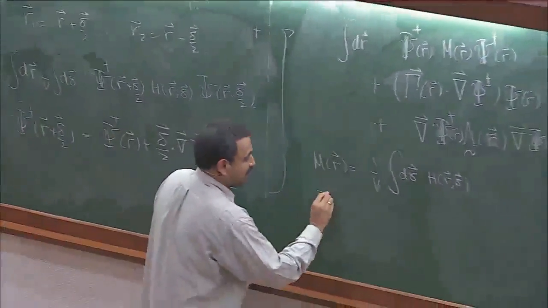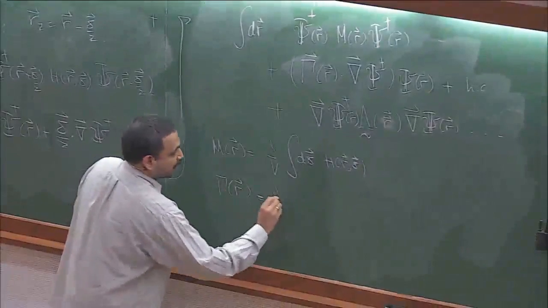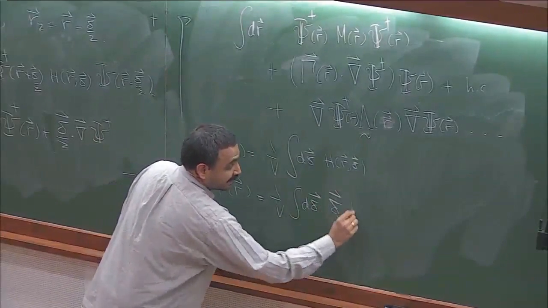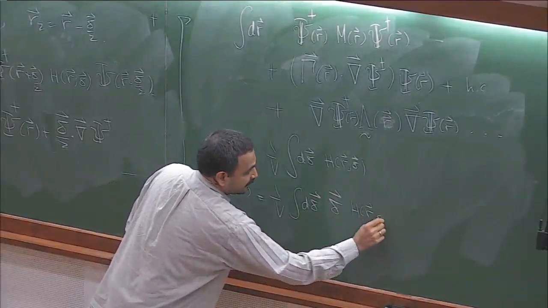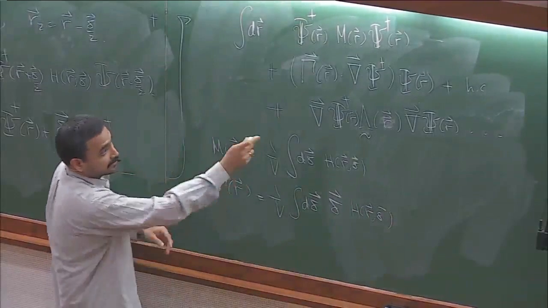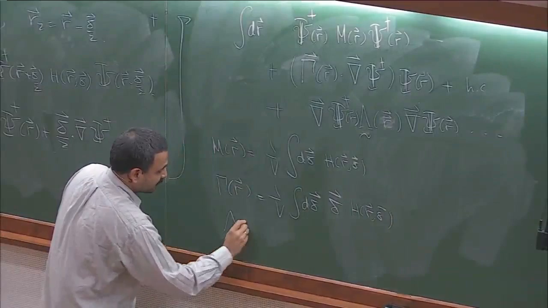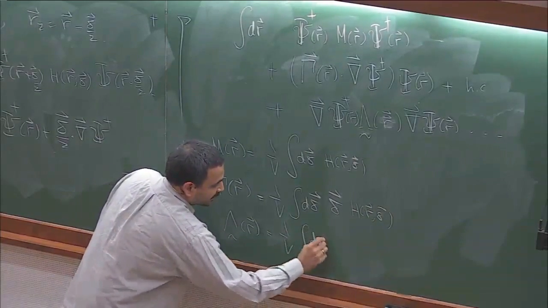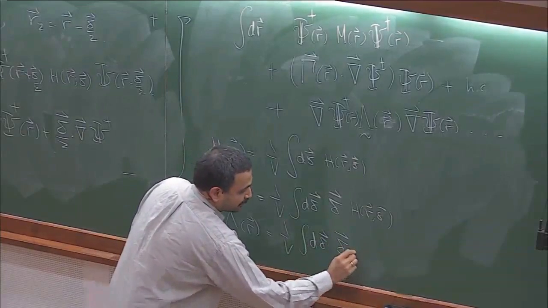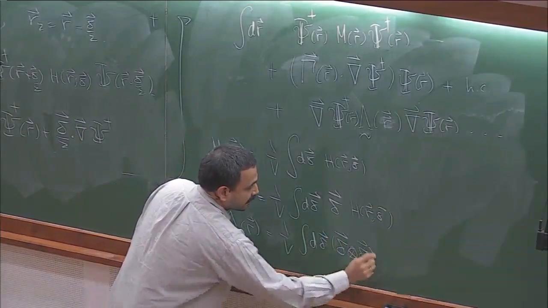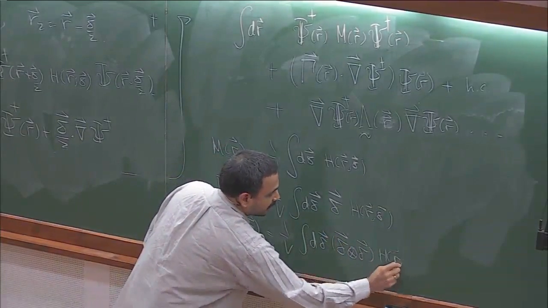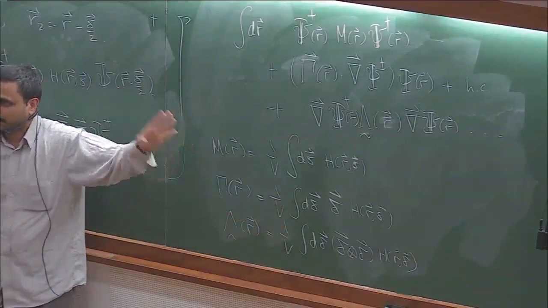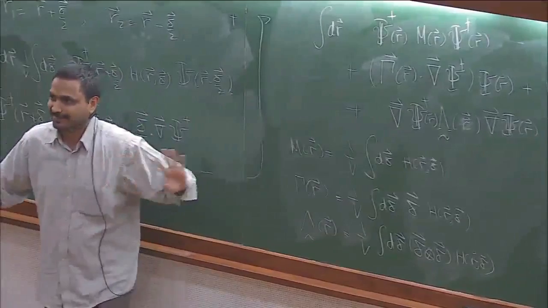So you can see that gamma of r would be equal to 1 by V integral d delta, a vector delta, h of r, delta. And this lambda, which is a tensor of r, would be equal to 1 by V integral d delta, something like this. I may have missed some signs, but I've committed bigger crimes here.